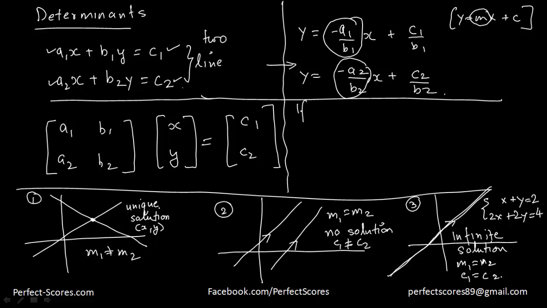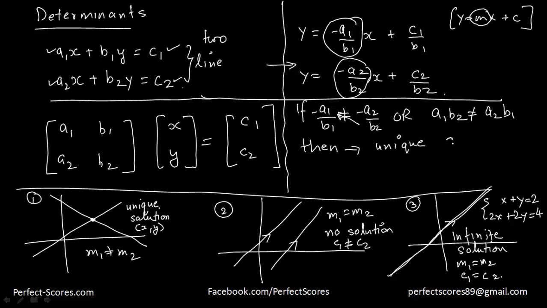Which means if negative a1 over b1 is not equal to negative a2 over b2, or if I take this to that side, a1 times b2 is not equal to a2 times b1, then these equations will give us a unique solution.